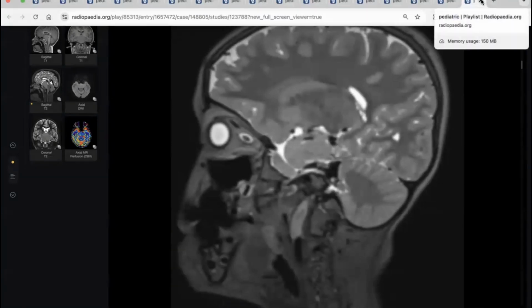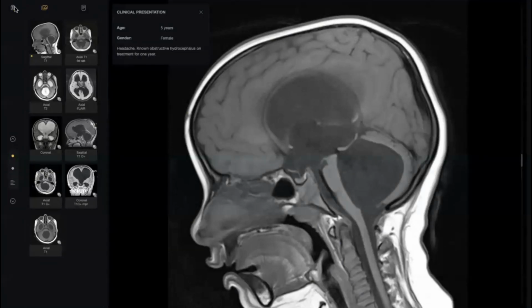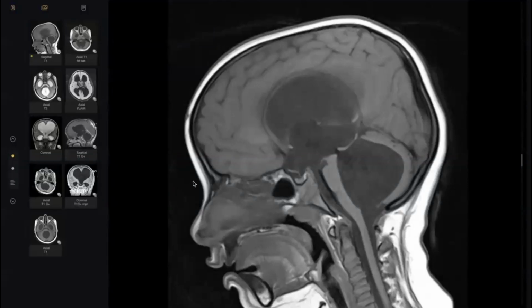Assalamu alaikum. Salam. Case control, please. Requested. Okay, a 5-year-old female patient presented with headache for 1 year.